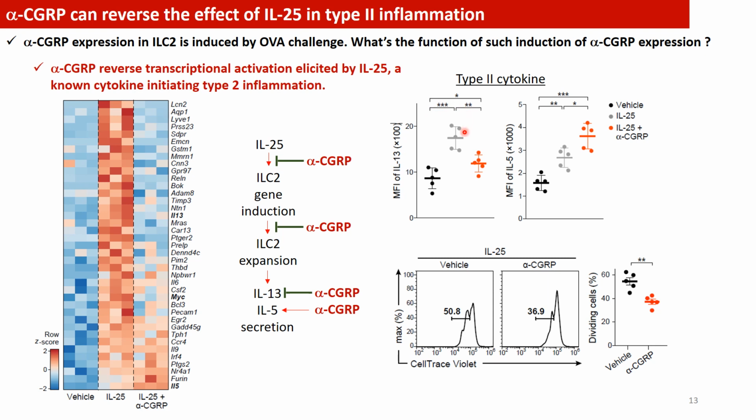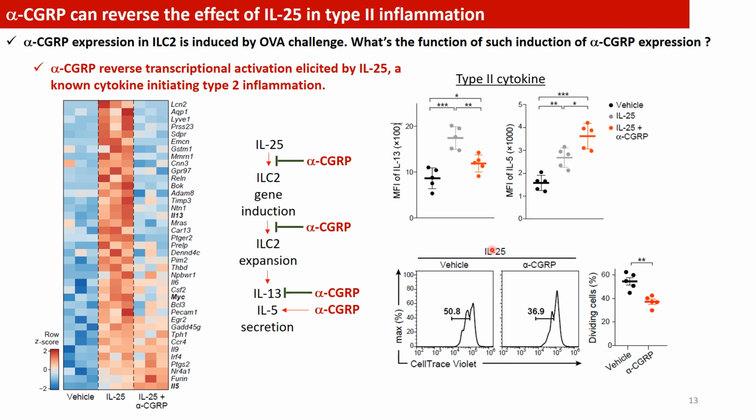The IL-13 level is increased upon IL-25 treatment, and with co-treatment with alpha-CGRP, IL-13 expression is reduced, while that of IL-5 is increased. So this is summarized here: alpha-CGRP selectively inhibits IL-13 but not IL-5.